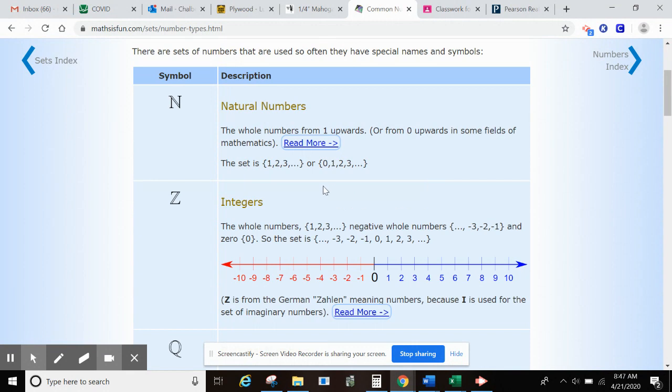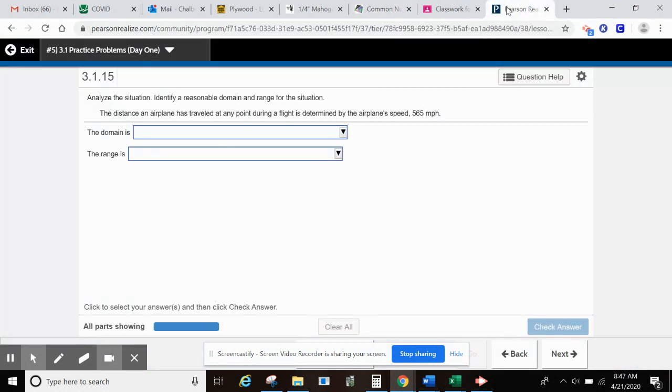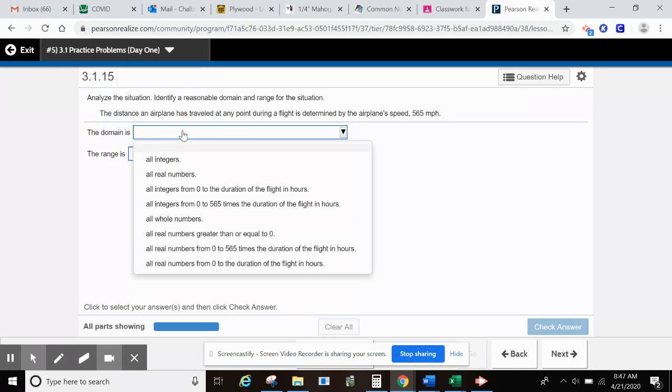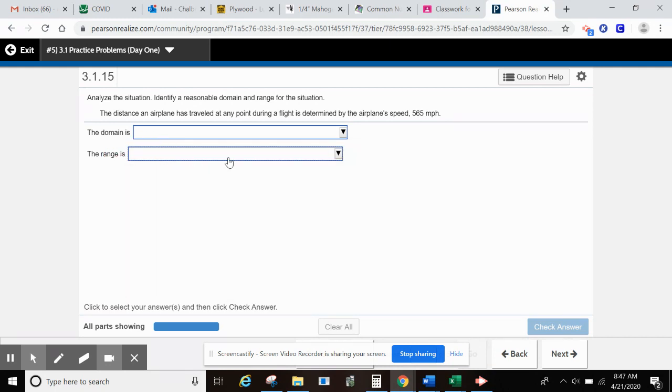I will put a link to a page there just in case you guys don't remember some of the terminology there or need to refresh integers, real numbers, whole numbers, as far as the differences there. But if we have that understanding, these questions hopefully are a little bit straightforward, and we should be able to work through those.